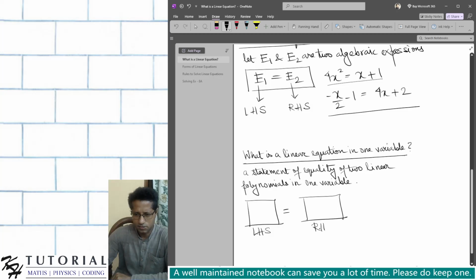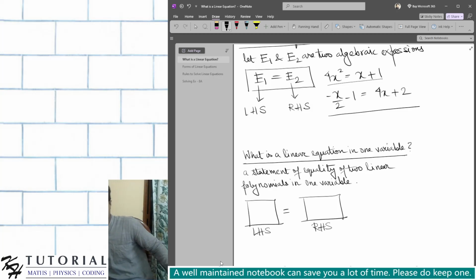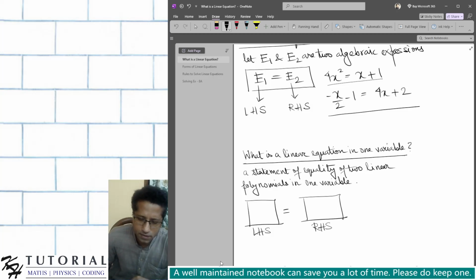What kind of algebraic expression will be on both sides of the equality sign will primarily differentiate a linear equation in one variable from an equation in general.